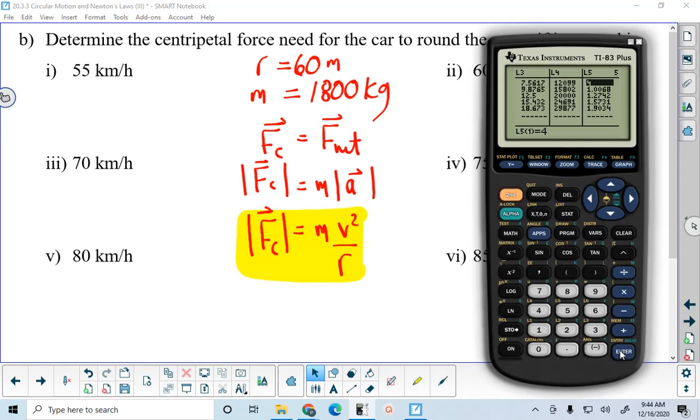How many of you have numbers in your lists from yesterday? Oh, you cleared yours? Okay, so to clear them, go to your memory management menu, which is where you go to reset your calculator. It's second plus, and there's an option that says clear all lists. Choose that and hit enter.